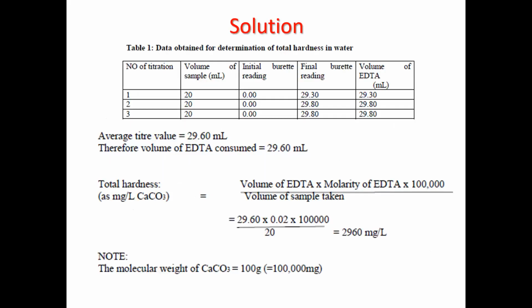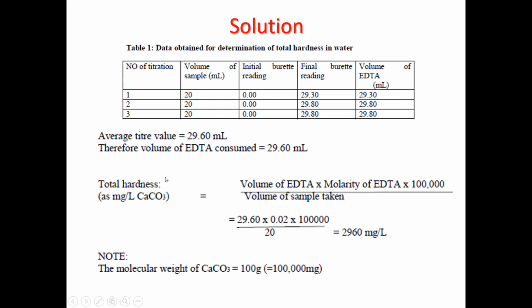So just like every other titration, you have your burette, you take your sample that contains your metal, about 20 ml in this case, and you fill your burette, and where there's a color change, you note your final burette reading, and you get the volume of EDTA used. From the volume of EDTA, you can calculate your average titer value.